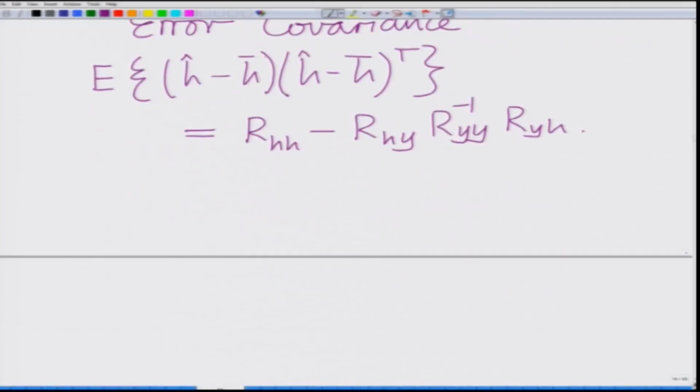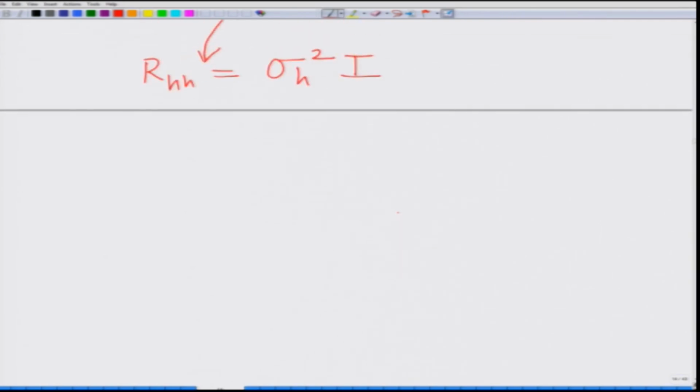And now we also know each of these quantities. We know that R_HH equals sigma h square times identity, and R_HY equals sigma h square times X transpose.